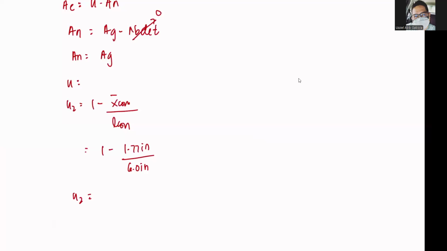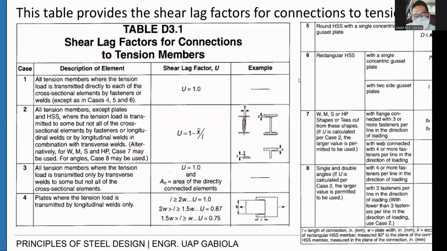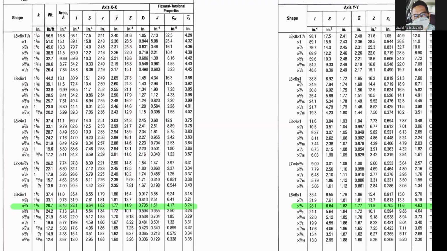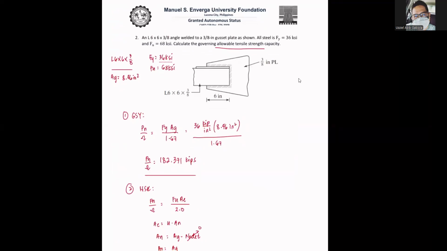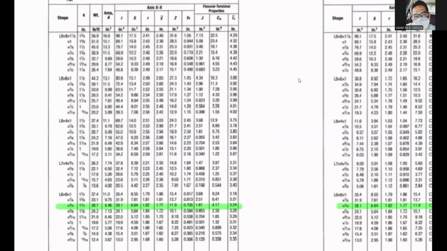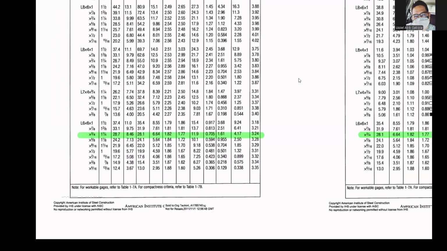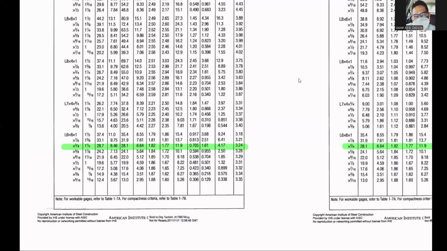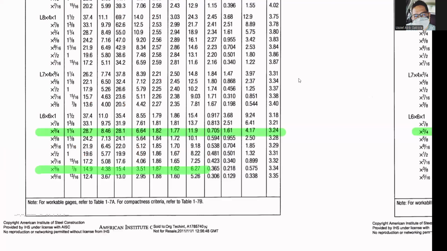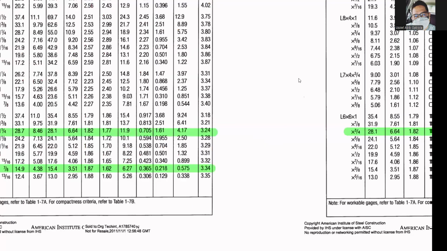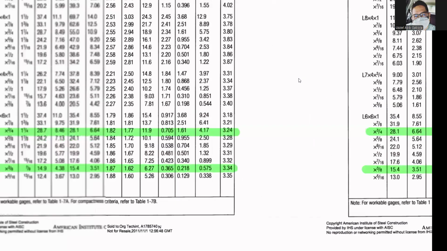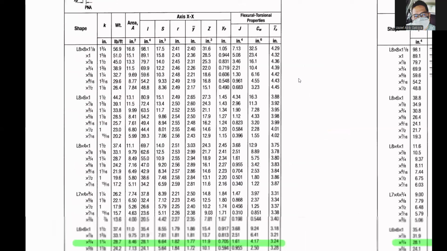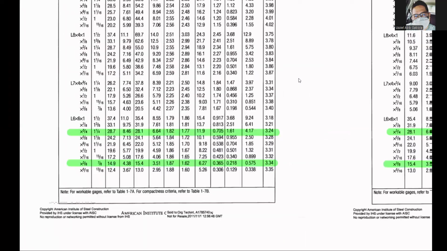Okay, let's double check. What was given to us? Maybe I saw it wrong. It is 3/8. Oh, I'm sorry. It should be 3/8, not 3/4. So the area is wrong, and we will just adjust the values. The area is 4.38 only, so our section is lighter.